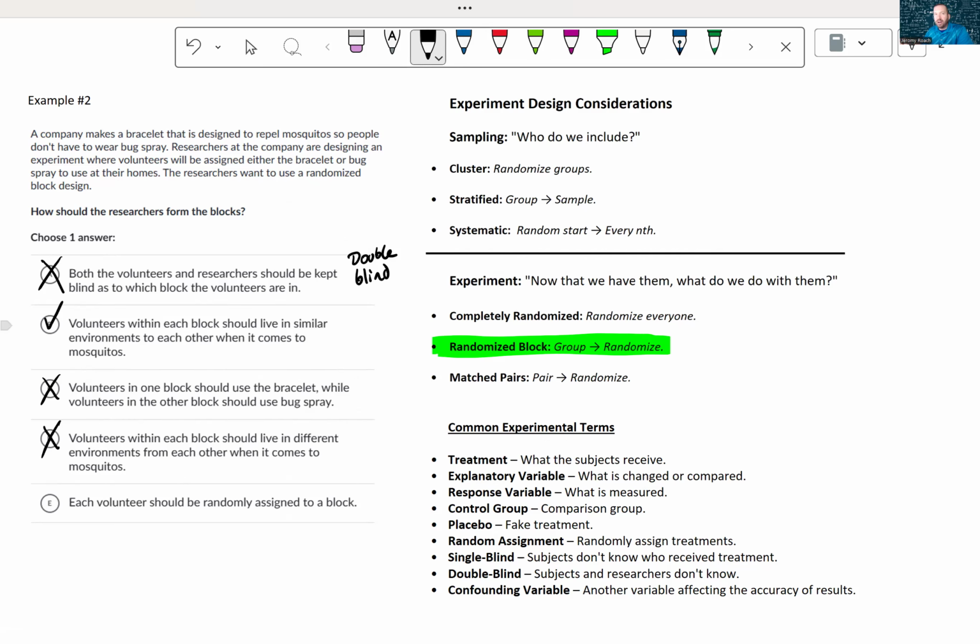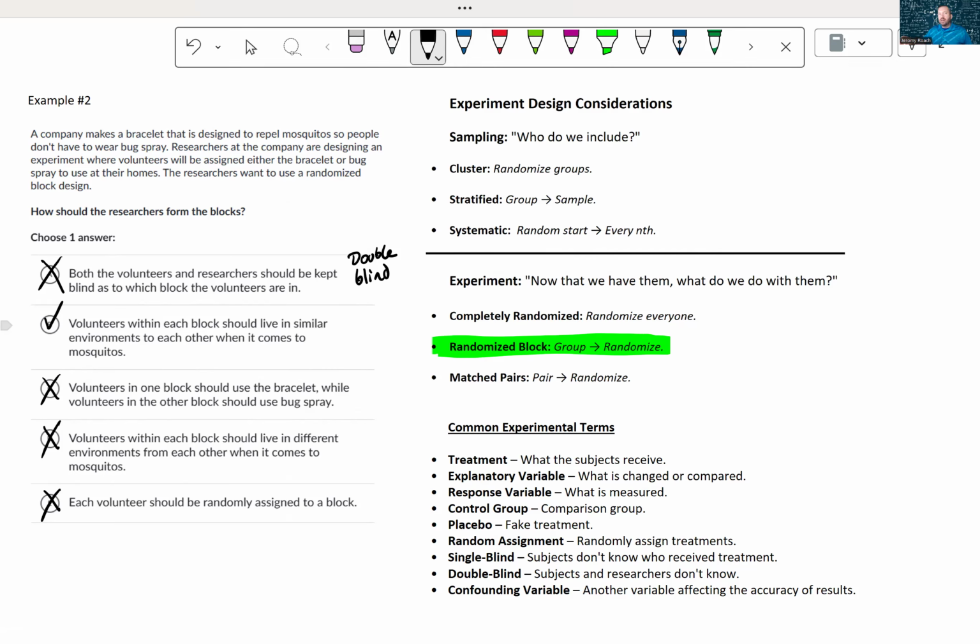So D is not correct. And E says each volunteer should be randomly assigned to a block. So E is not correct because the blocks should be based on an important characteristic, not just randomly created. And in this case, our blocks are based on the mosquito environment.